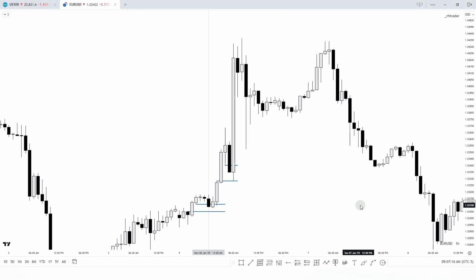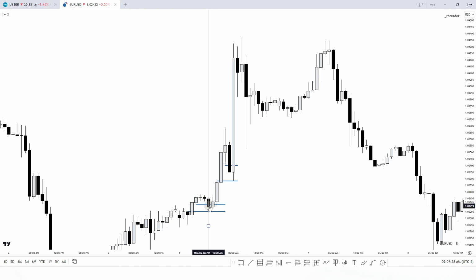This is the Euro USD chart on the 1 hour time frame. This is on 6th January 2025, and this is the 12 AM or midnight opening price. As you can see here, we have candle 1, 2 and 3.